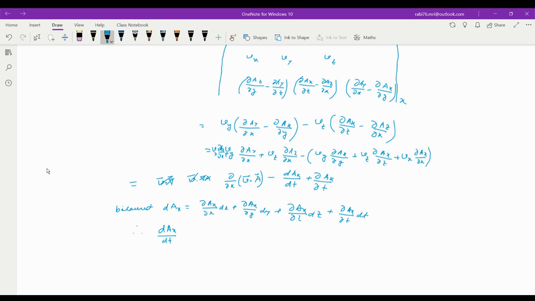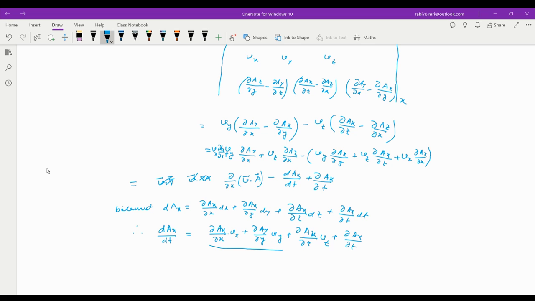Now performing this, this will be del Ax del x into dx by dt, which is simply Vx, plus del Ax by del y into Vy, plus del Ax by del z into Vz, plus del Ax del t, right.